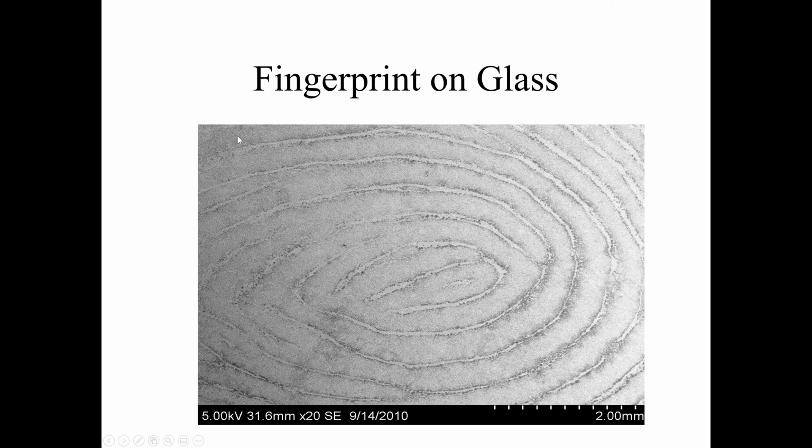And here's some of the forensics work. Here I put my fingerprint onto a glass slide, and I coated it with gold. I'm imaging it at 5,000 electron volts, which is not real strong. I'm magnifying only 20 times. It's a secondary electron image. And this whole scale bar is 2 millimeters. But you can see the whorl of my fingerprint.